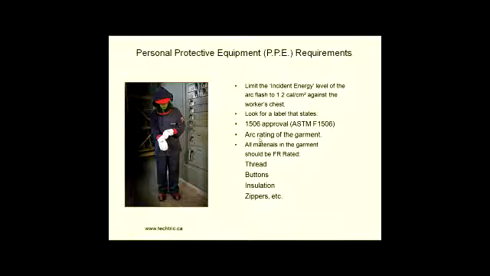So here's the label, the arc rating of the garment. All material in the garment should be fire retardant rated: the thread, the buttons, the insulation, the zippers, pretty much everything included in that garment should be approved in such a way.